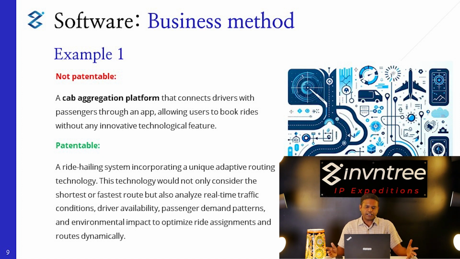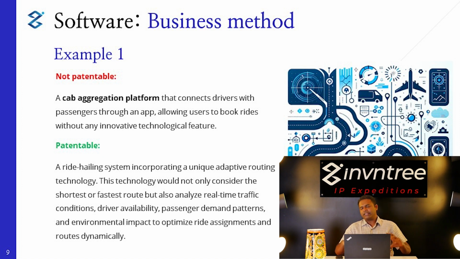Now, at the outset, one needs to realize that there were companies that were doing cab aggregation before as well, there are companies doing cab aggregation now, and there will be a lot more companies who will end up doing cab aggregation going forward as well. The reason why everybody is able to follow pretty much the same business model is because business models or business methods just cannot be protected, right?